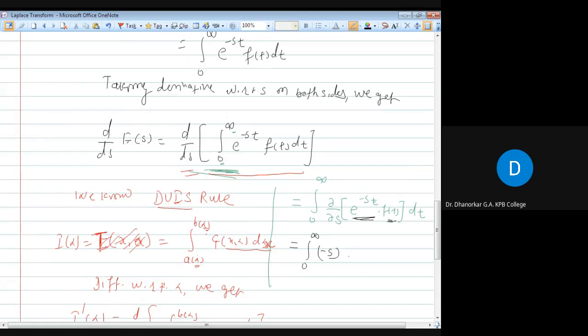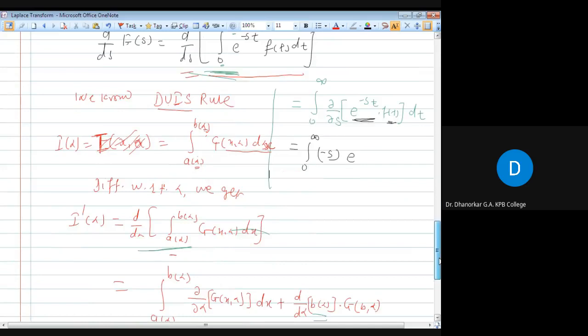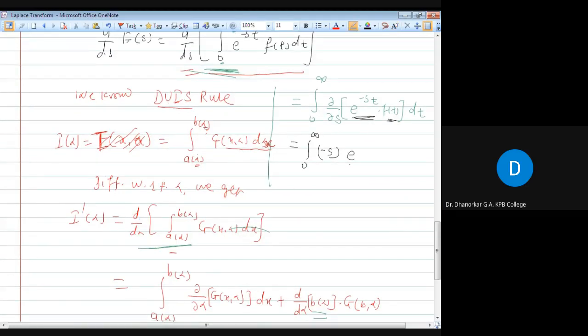Minus t into e raised to power minus st, with f of t as it is, into dt.